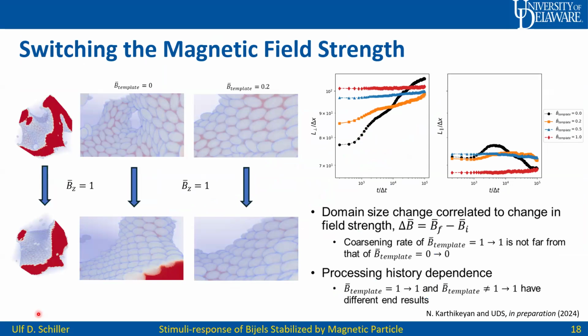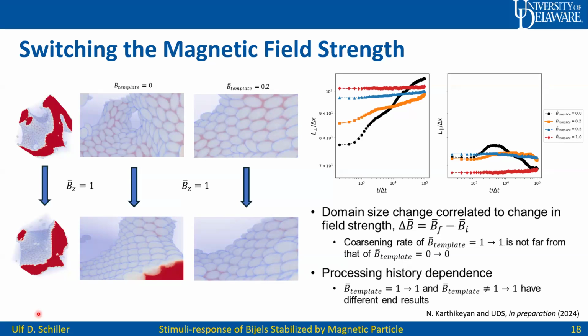For example, we start with a relatively low field, and then after the bigel has formed, we increase the field. The first results that we have show that there are still slight changes related to the strength of the magnetic field, but most of the changes happen actually during the formation.